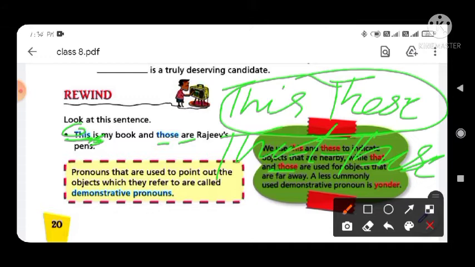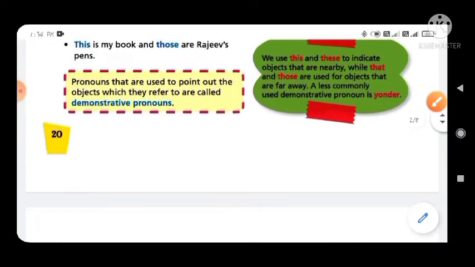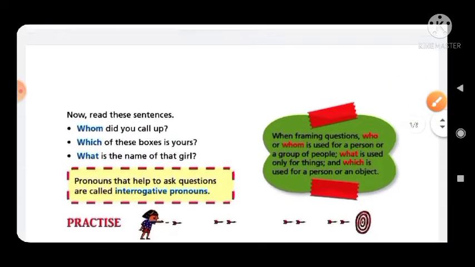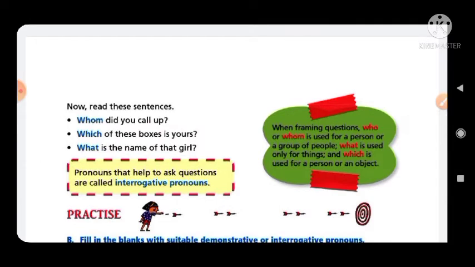It is an easy trick to identify this kind of pronoun.